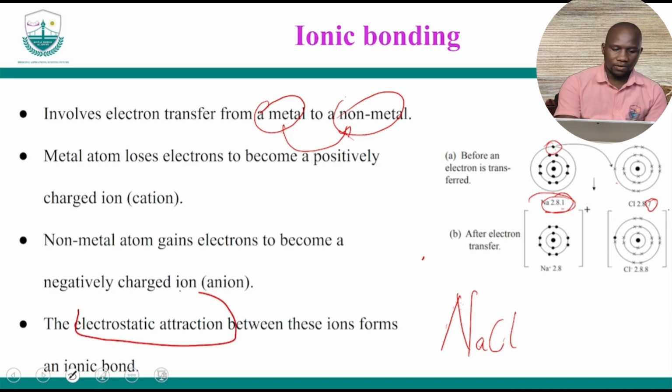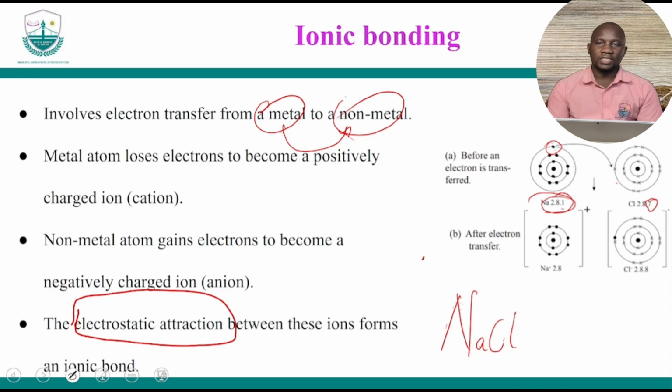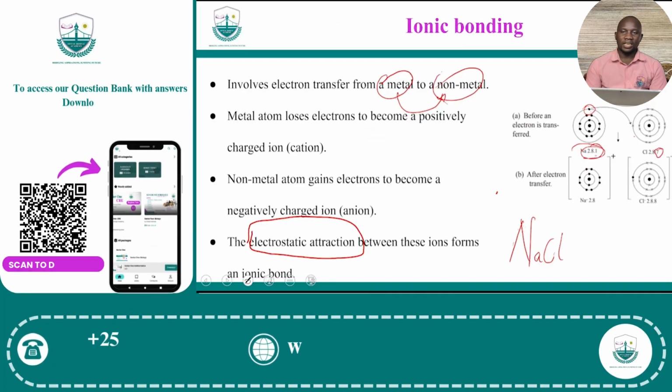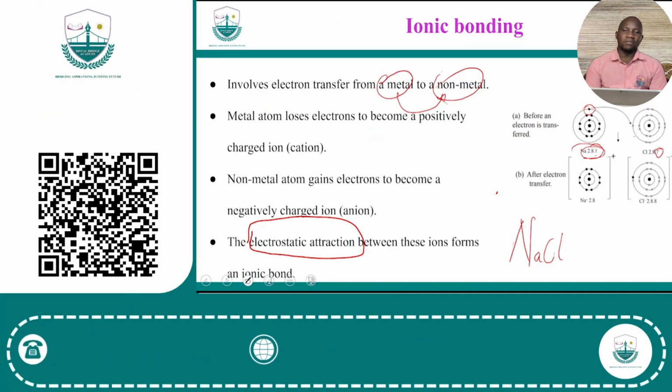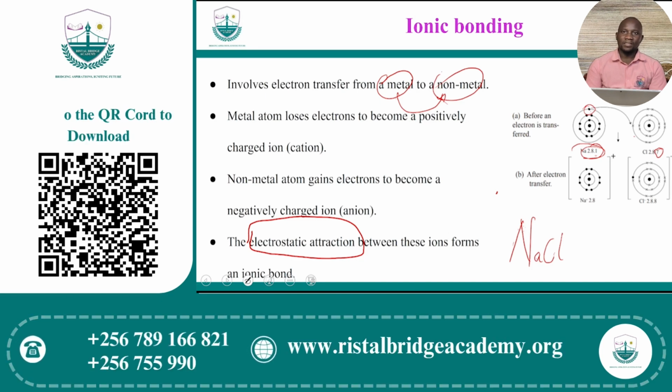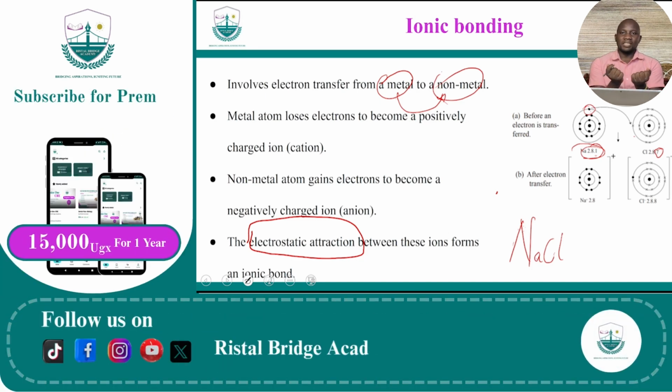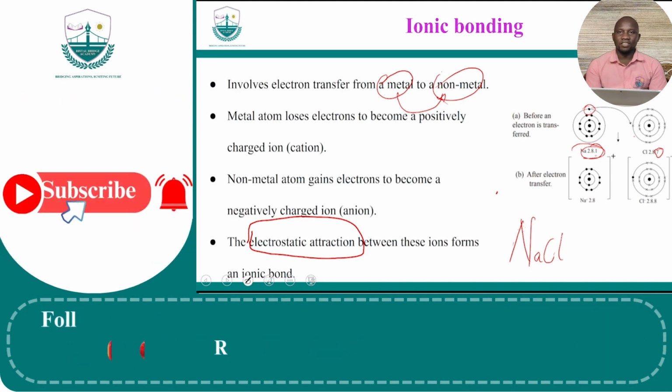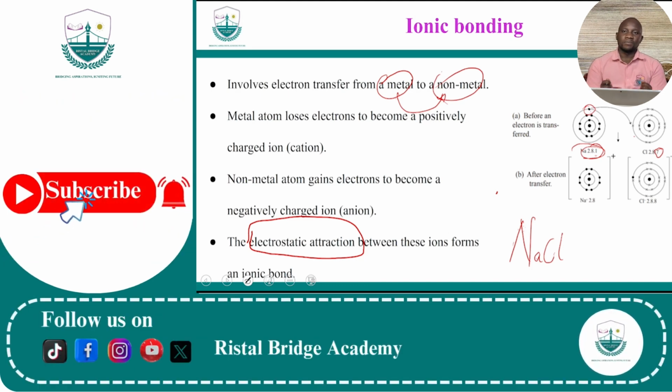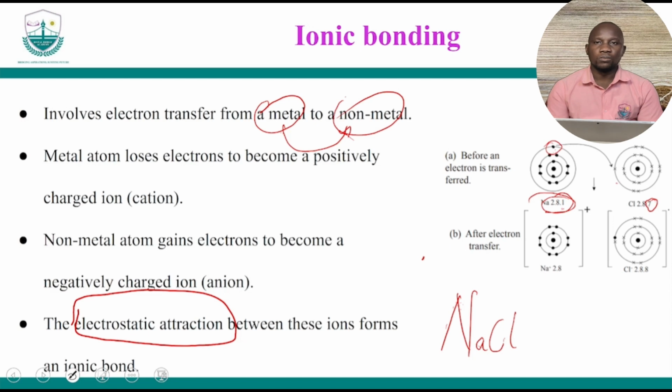The electrostatic attraction you have is between the 2 ions, that is the sodium ion and the chloride ion. Remember, metals form positively charged ions that we call cations, and non-metals form negatively charged ions that we call anions. So the attraction between the positively and negatively charged ions results in that ionic bond.